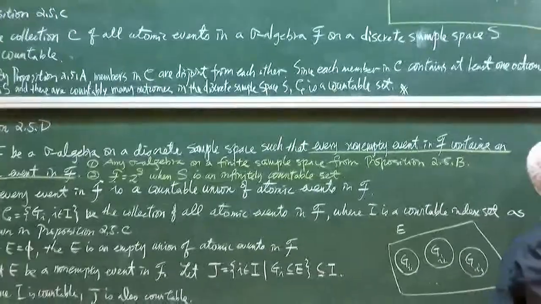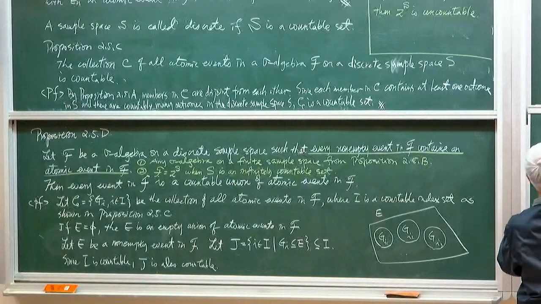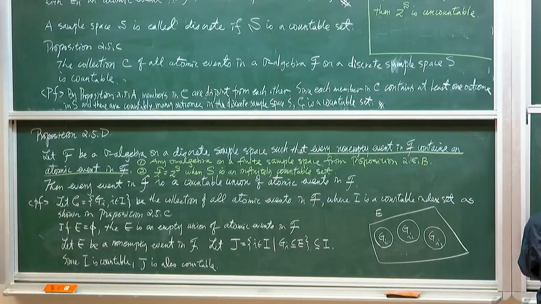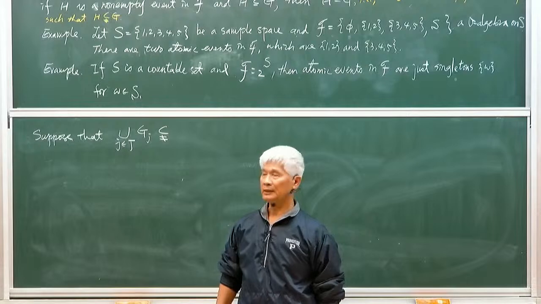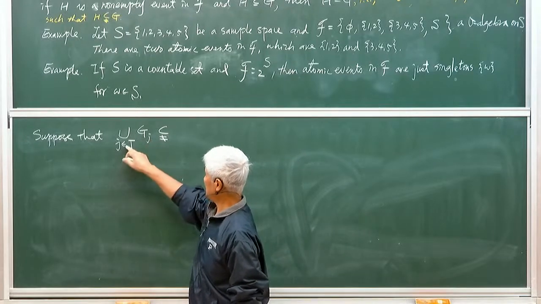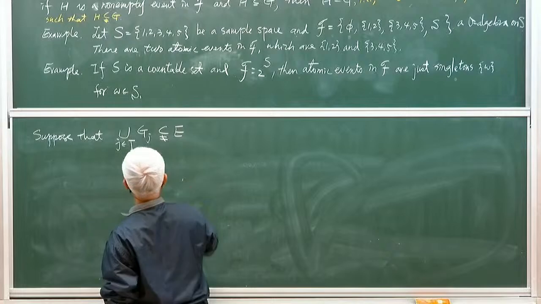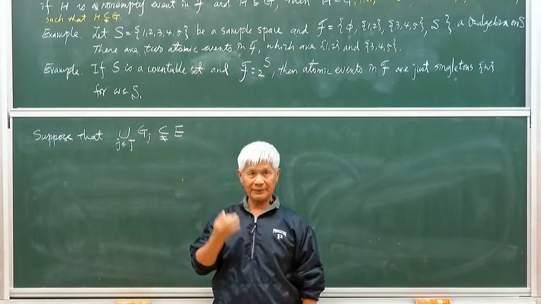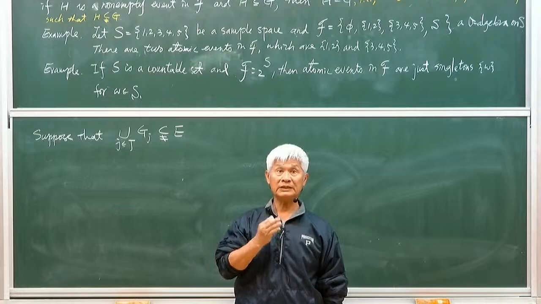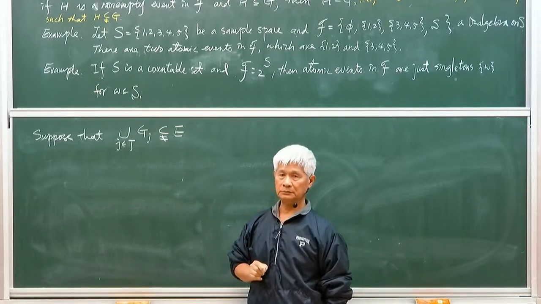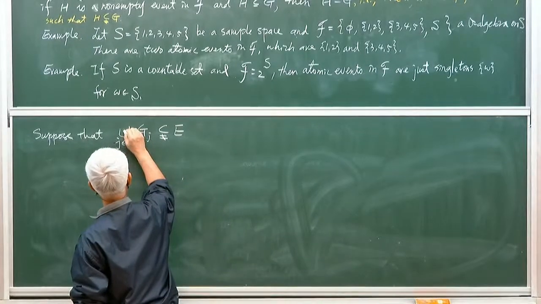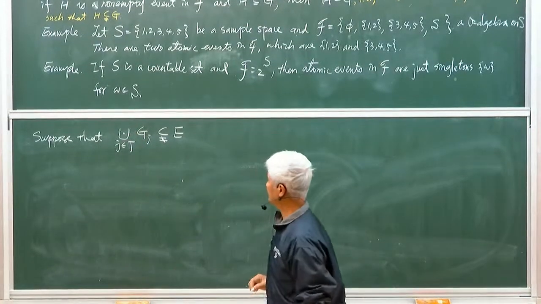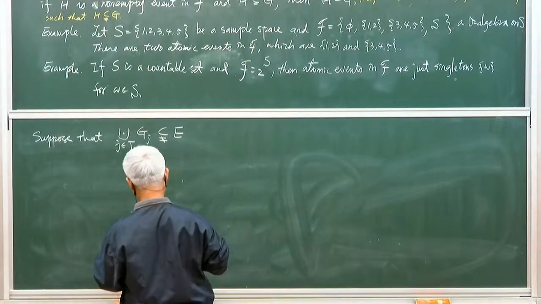Now suppose that we take the union of all G sub j such that j is in the capital J. Of course the union must be a subset of E, but we suppose that it is not equal to E. This is a disjoint union.